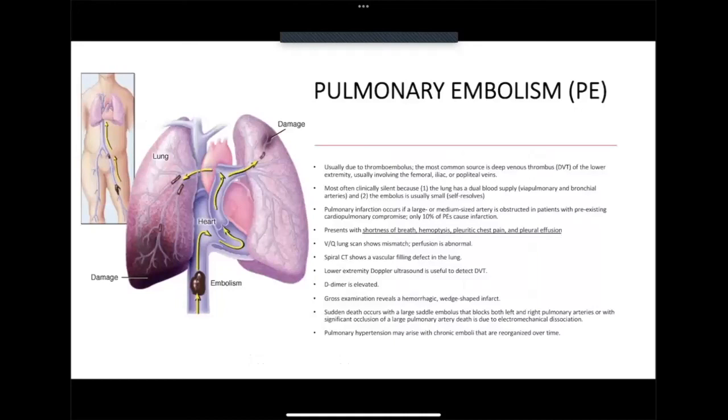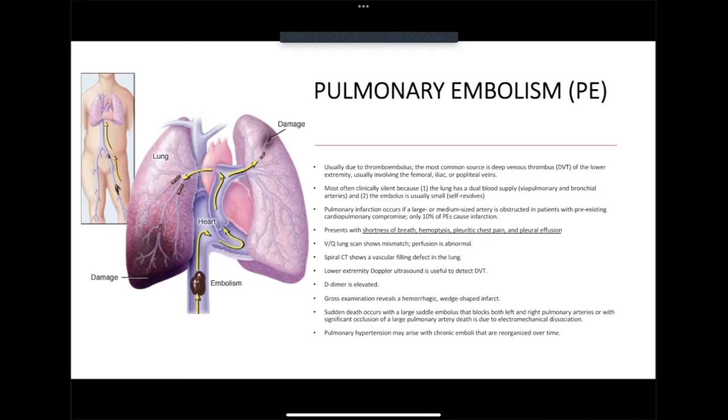Pulmonary embolism is very important to remember when you're talking about hypercoagulable state. When you have a DVT and it finally embolizes, it goes through the leg veins all the way to the inferior vena cava, into the right atrium, to the right ventricle, and then into the pulmonary vessels, to the pulmonary artery.